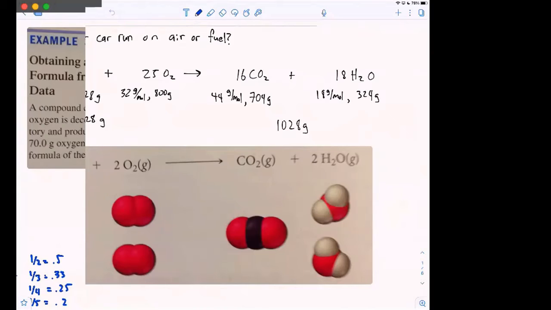We know the atomic ratios, so the ratio of the different atoms. And when it's balanced, it obeys the laws of conservation of mass and definite proportions and multiple proportions if applicable. So there's a lot of information in a chemical equation.